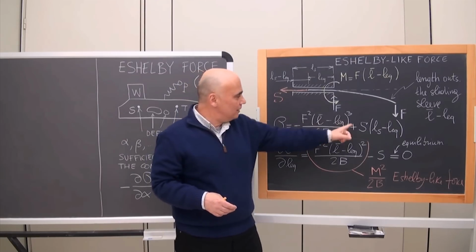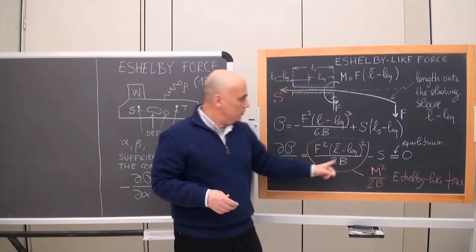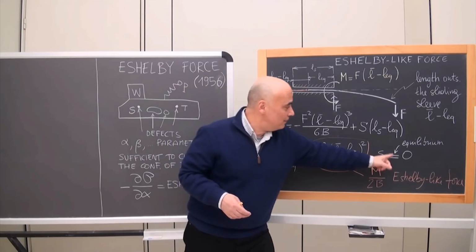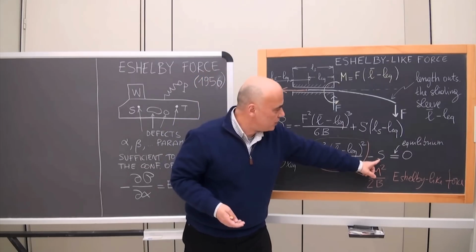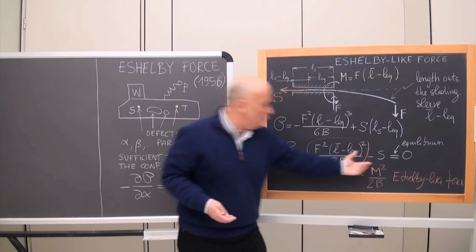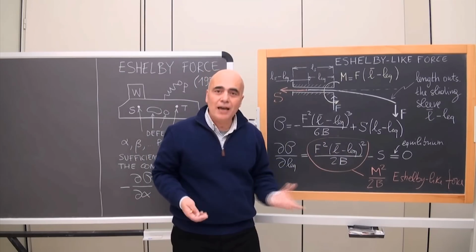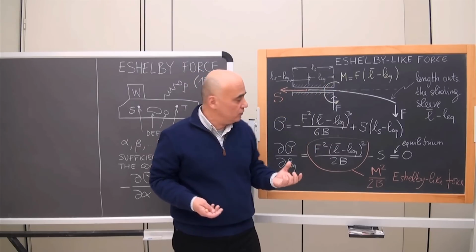Now, if we take the derivative with respect to this free parameter, we obtain these two terms, and these two terms have to be set equal to zero for equilibrium. And we discover that the force is not equal to zero, but has to be equal to this term, that in our view is an Eshelby-like force because it's related to a change of the configuration of the system.